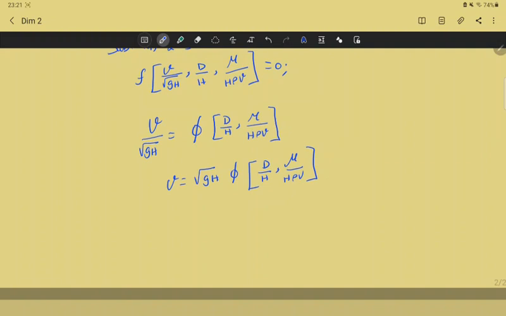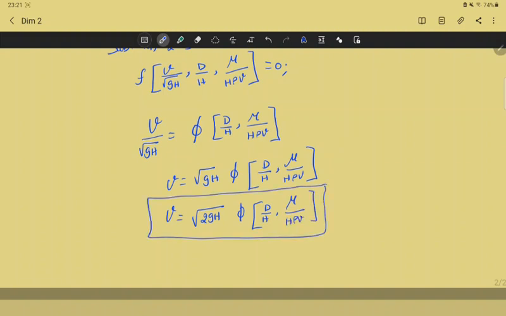We can just put in a constant here. So v equals root of 2gh phi of d by h, comma, mu by h rho v. I know this sounds really fishy, but trust me, it is true. After 30 minutes of solving, I got this answer. Whew.